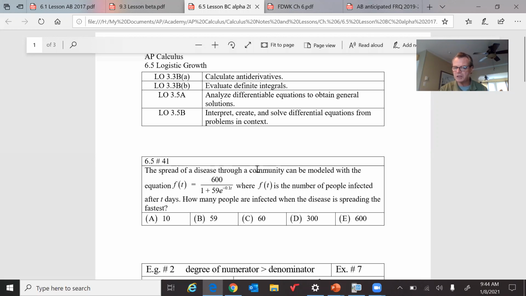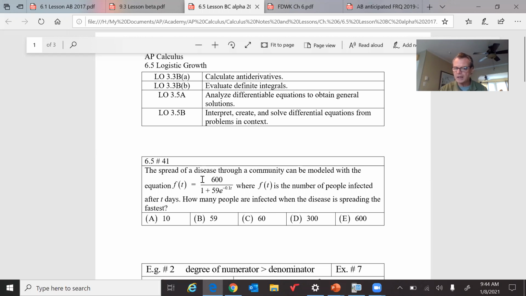The spread of a disease can be modeled by this equation, where F of T is the number of people infected after T days. How many people are infected when the disease is spreading the fastest? So you can't possibly answer this until after we deal with what we're going to do next Thursday.